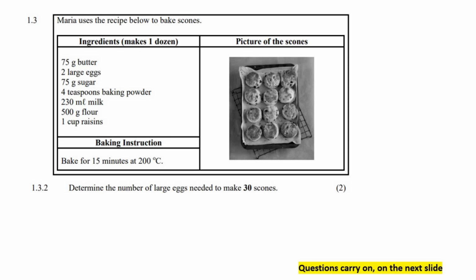The next one says, determine the number of eggs needed to make 30 scones. Remember, this only makes 12. So how many eggs is that? 2 eggs will make 12 scones. There are many different ways you can do this, but what I would do is say, if I have 1 egg, then how did I go from there to there?